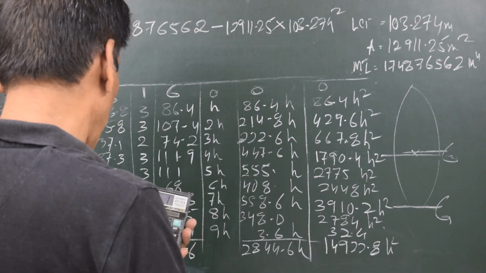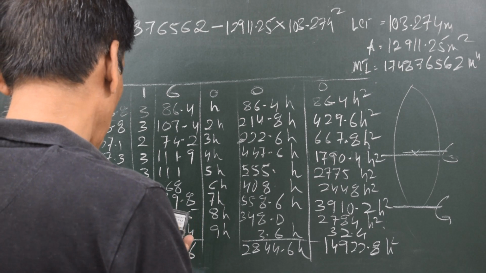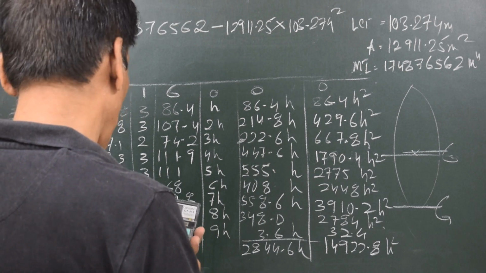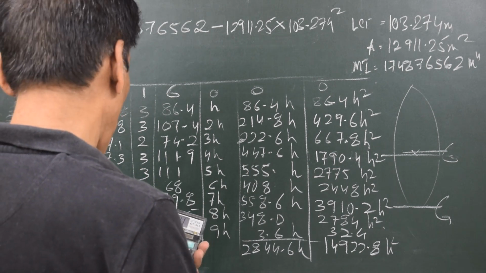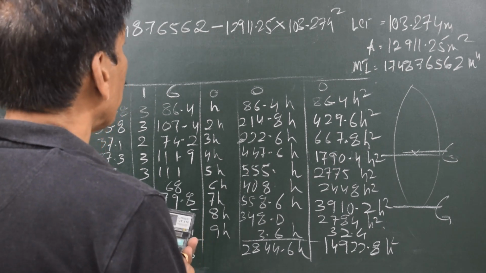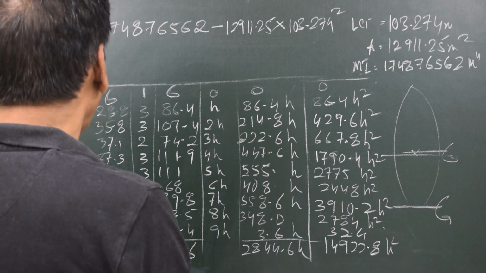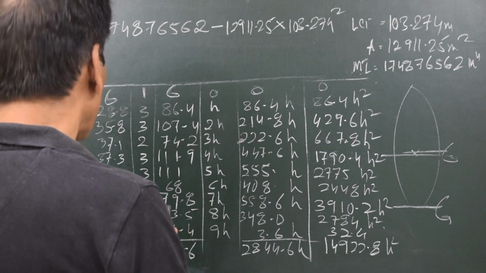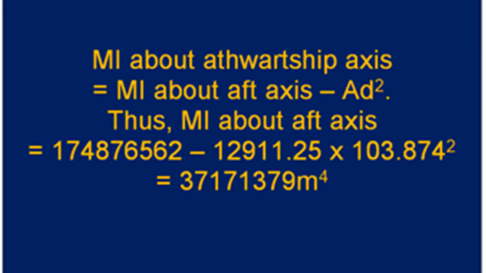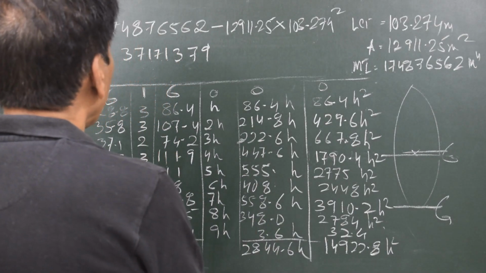So 103.274 into 103.274 into 12911.25 equals minus 174,876,562 gives me 37171379.